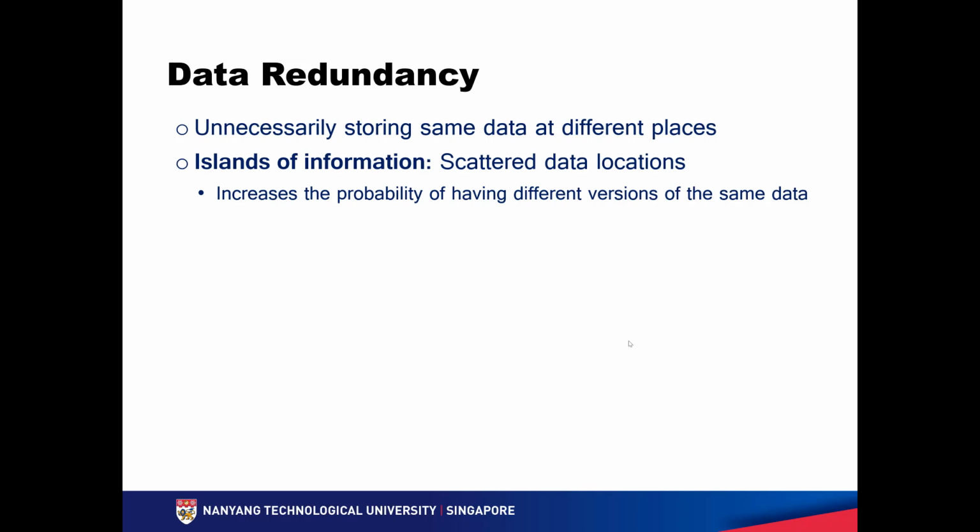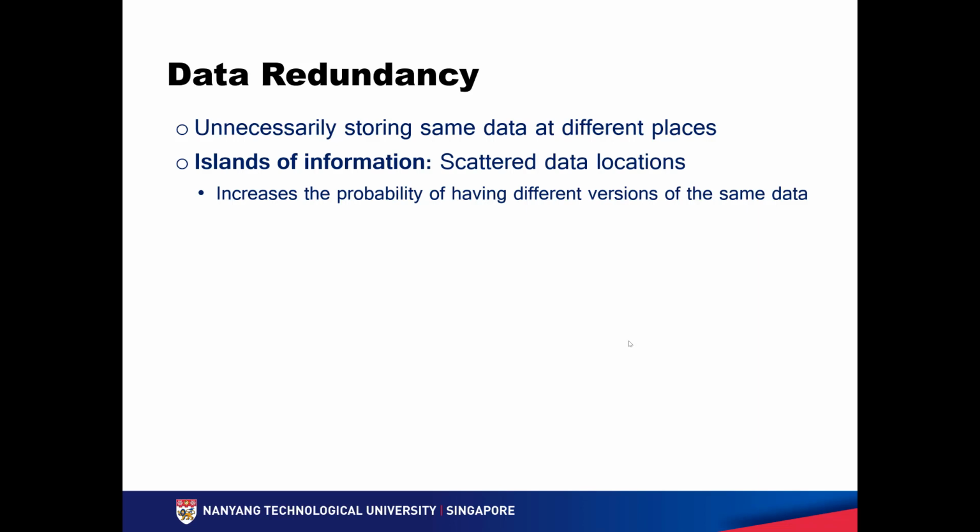For example, imagine your mobile number is stored with NTU in multiple databases. I keep a copy of your mobile number on a spreadsheet. The business school keeps your mobile number on their own spreadsheet, and NTU at the registrar level keeps a huge spreadsheet of each one of your mobile numbers.